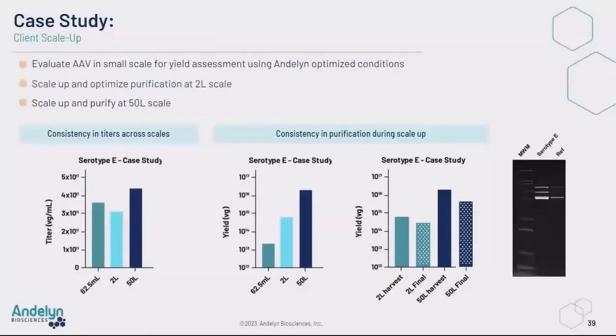So here you're looking at consistency in titer, linear increase in scale, and then recoveries through harvest, where you're looking at 2-liter, 50-liter harvest, where we're actually able to increase titer and increase total final yield with a highly pure, high quality product at the end of the day.